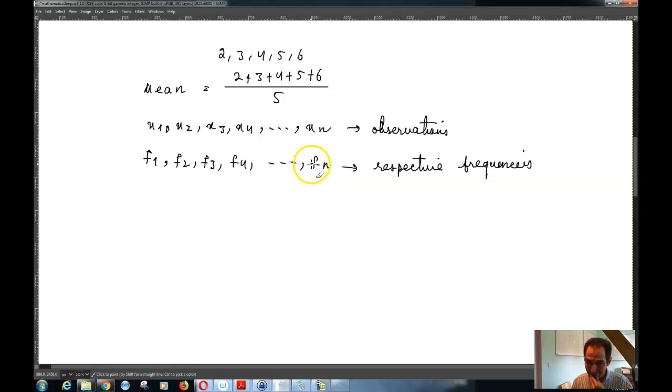And so now basically the sum of all of those observations would naturally be x1 times f of 1.